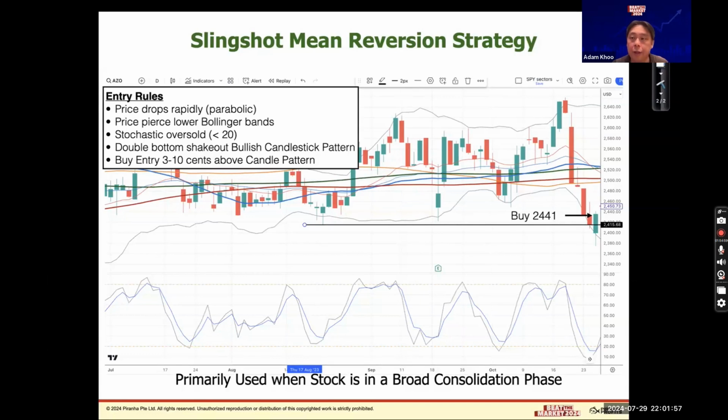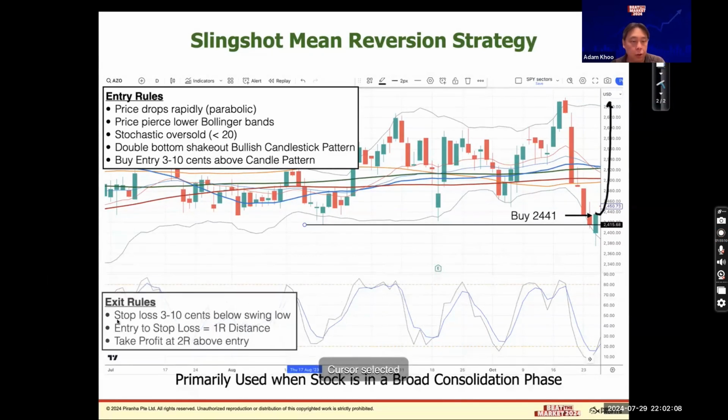And again, after I buy, is it a guarantee it's going to snap up? No guarantees in trading. So you're going to put a stop loss. Where do we put a stop loss? Stop loss again, a few cents below the swing low. That's my swing low. My stop loss is there.